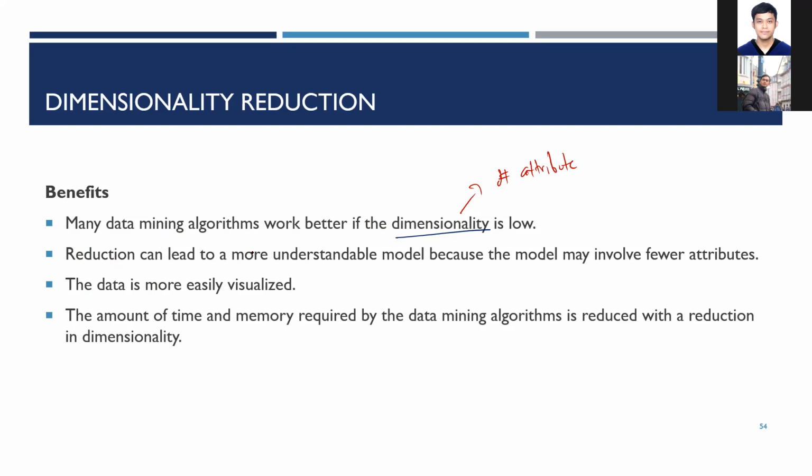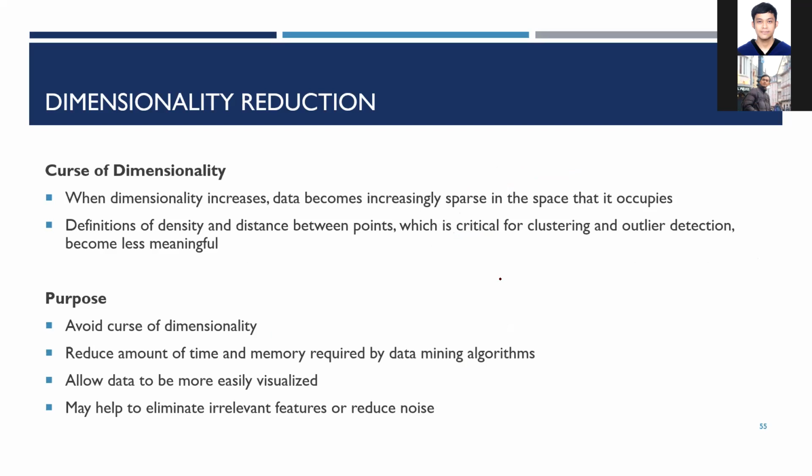It is also more understandable, because with fewer attributes the data is, of course, easier to visualize. And of course, the time and memory to process this data will be smaller. There are many methods to reduce the dimension.